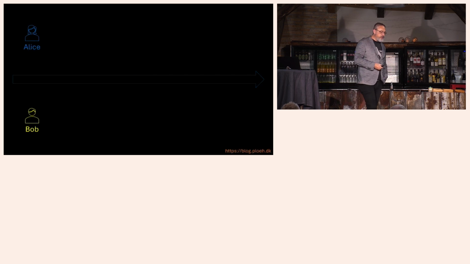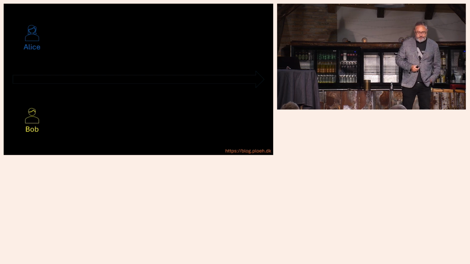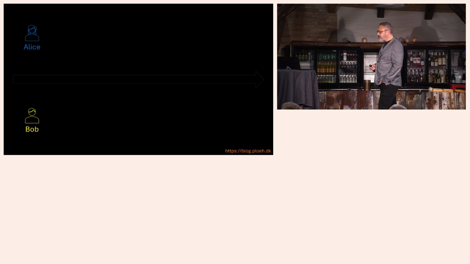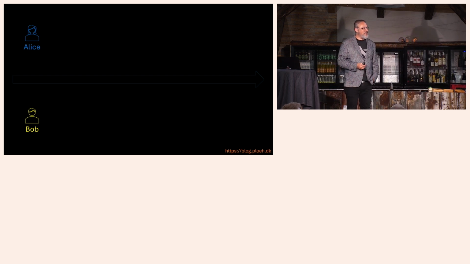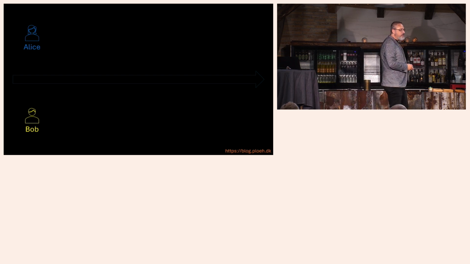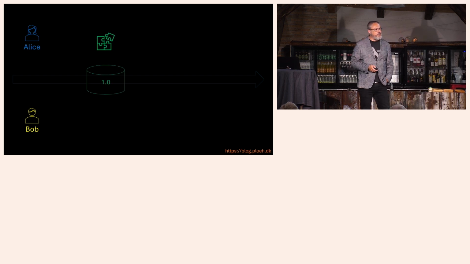We start with two programmers, Alice and Bob. This is not a security tutorial, but I still like to talk about Alice and Bob anyway. Alice and Bob need to develop a system that talks to a database. They start out by defining the database schema, and we can call that version 1.0 because that's the first version.